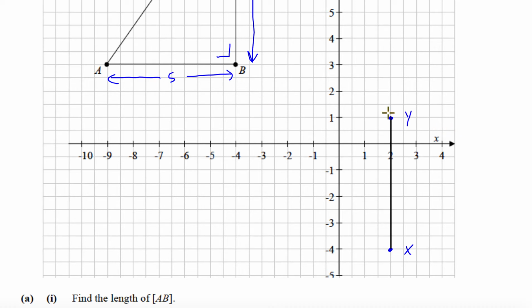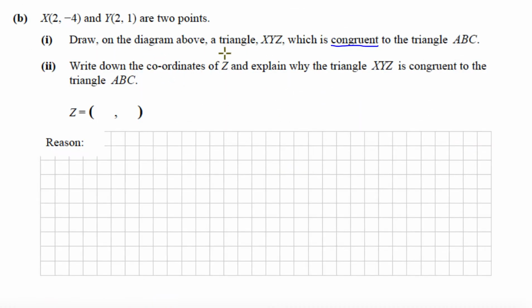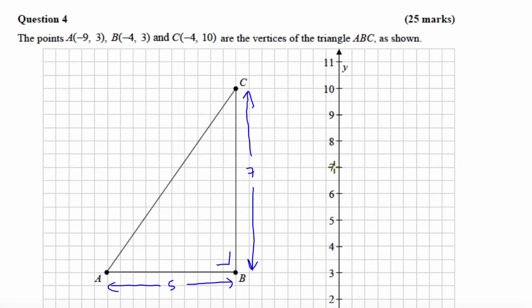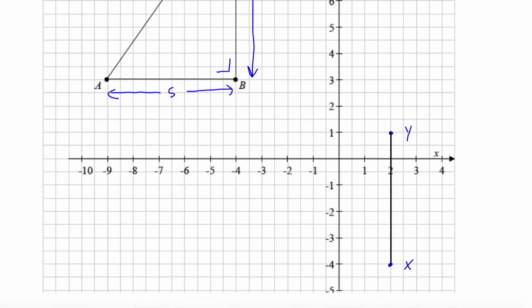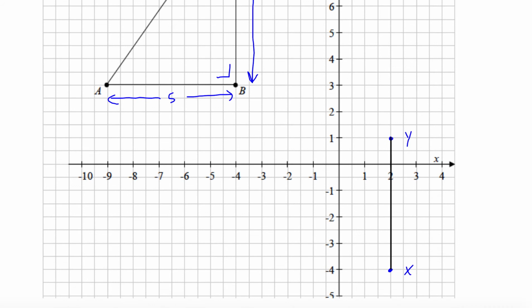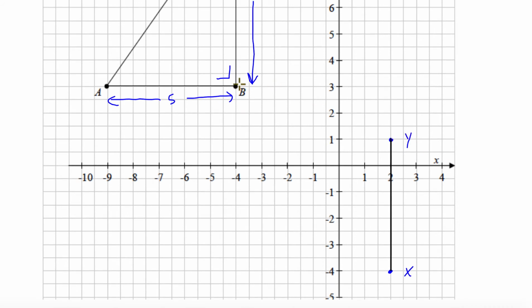Okay, so we now need to, as the question says, draw a triangle XYZ. So we have X and Y, we need to locate Z now to make the triangle identical to this one. So Z is going to be our C point. So we know that C is 7 units away from B. I can see my Y value matches my B value here. So I'm going to go 7 units from here along this line to locate Z. So from 2, if I go 7 units, that brings me to minus 5.